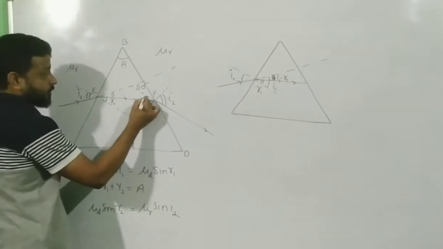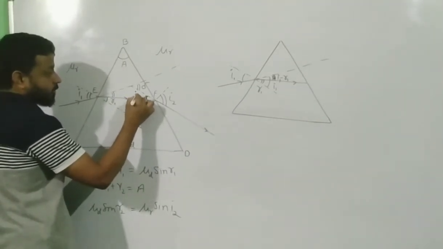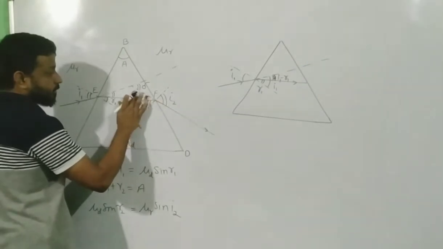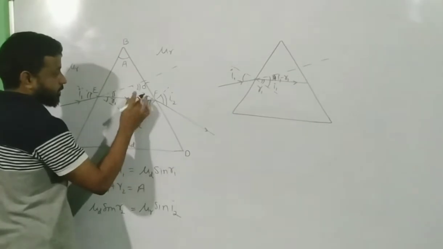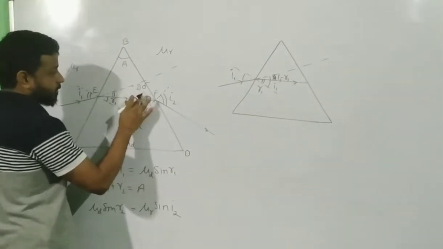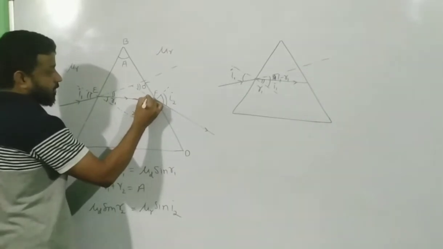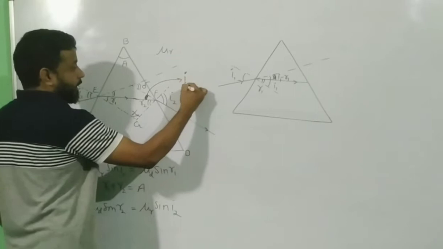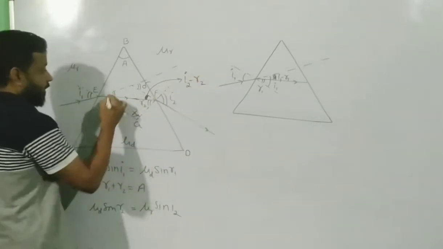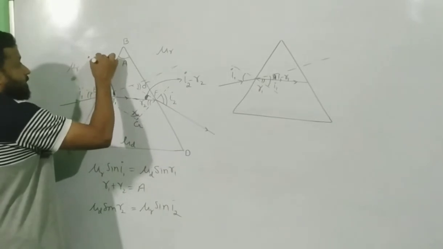Similarly, you can prove this one also as I2 minus R2. So I am calling this angle I2 minus R2, and this angle I1 minus R1.